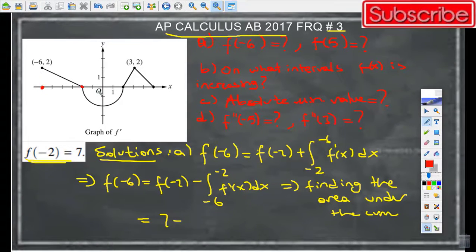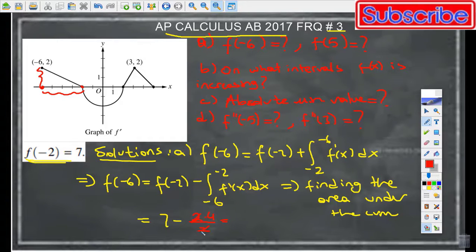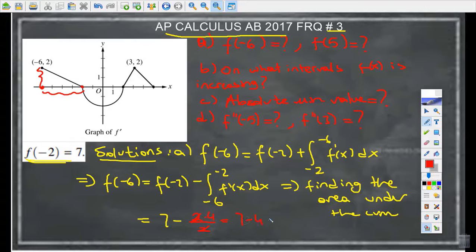Since this right triangle is above the x-axis, the area value will be positive. The area of this right triangle is, the height is 2 and the base is 4, so 2 times 4 divided by 2. So these 2's are gone. So 7 minus 4, we get 3 for the value of f of -6.